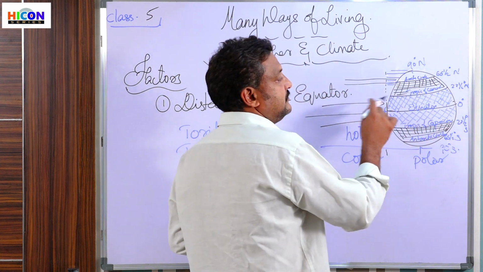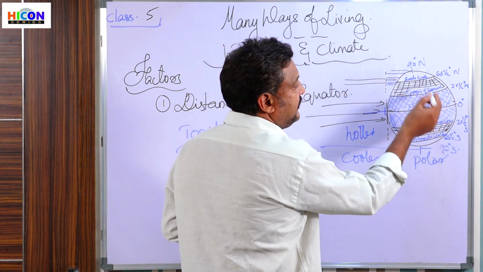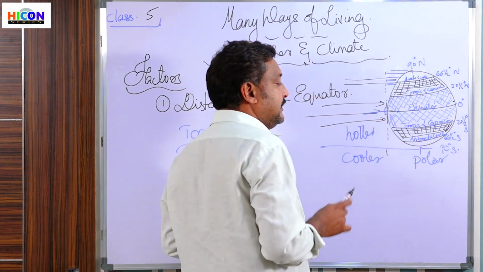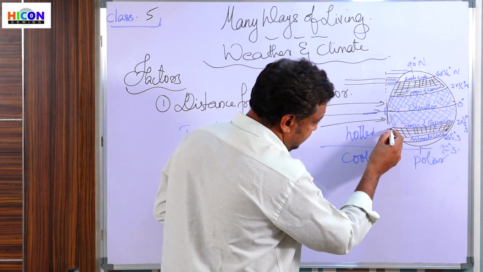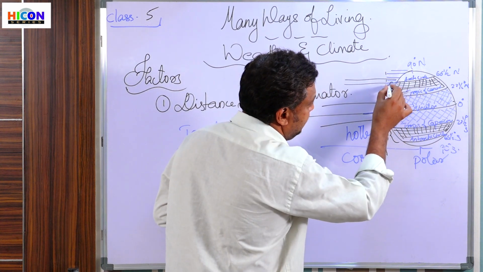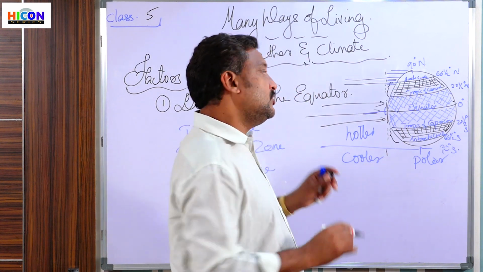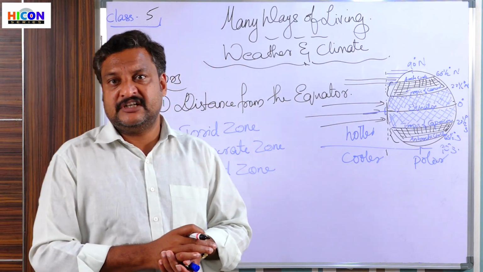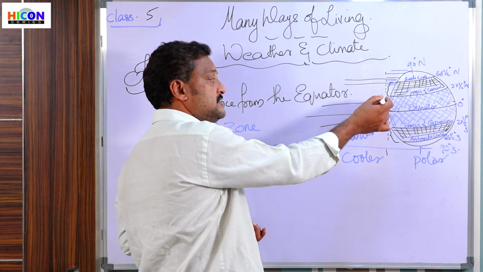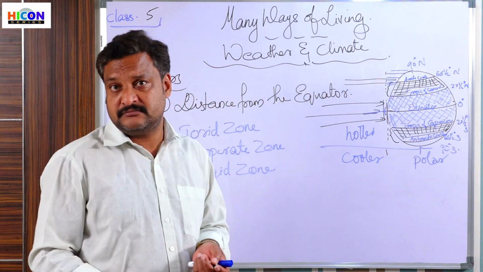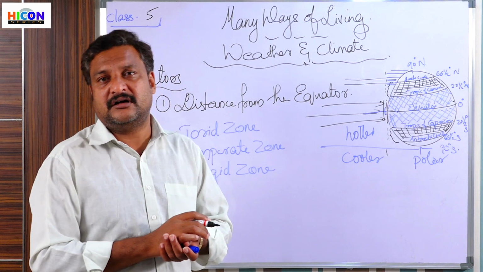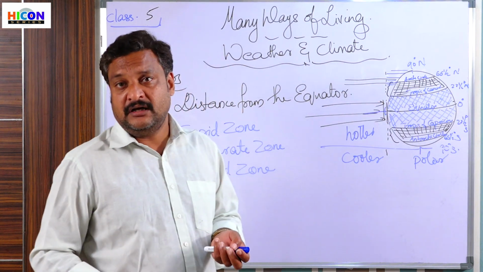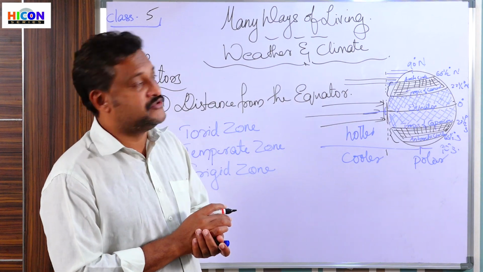So this area between the Tropic of Cancer and the Arctic Circle, and the Tropic of Capricorn and the Antarctic Circle, they receive moderate sunshine. It's not too hot as it is in the torrid region, but less hot.